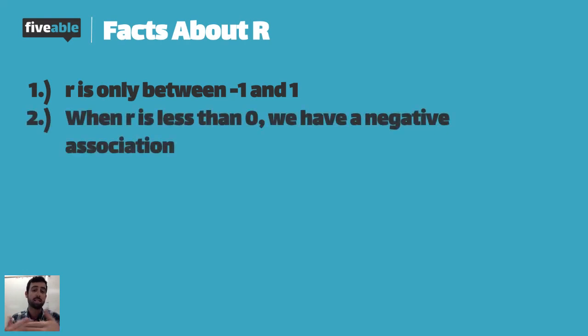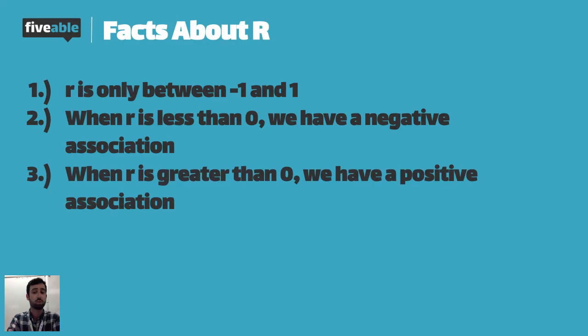Next, when R is less than 0, aka a negative number, we have a negative association. So this is where R tells us the direction of the relationship. So if R is between 0 and -1, we have a negative relationship, where as one variable increases, the other one is decreasing. And kind of the reverse is true.